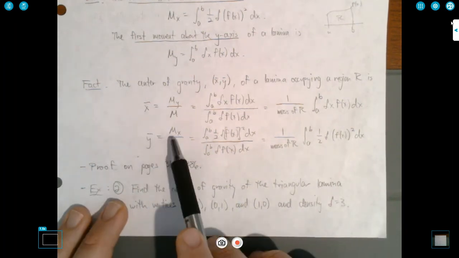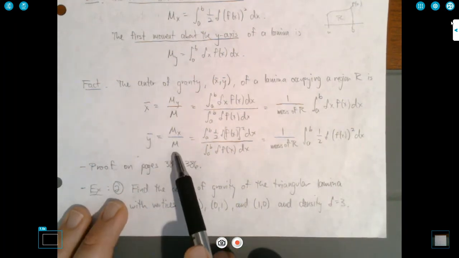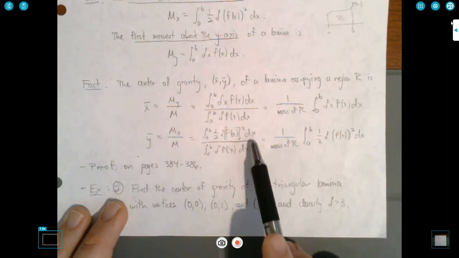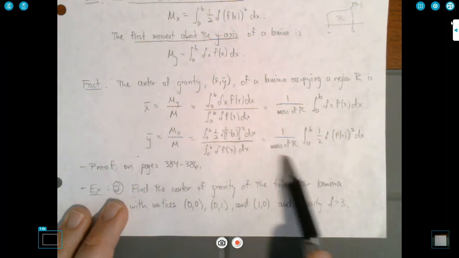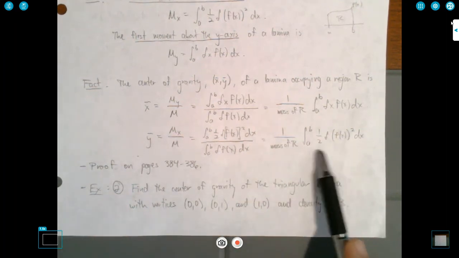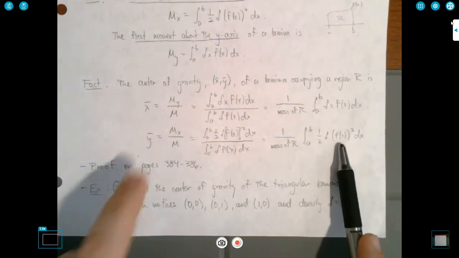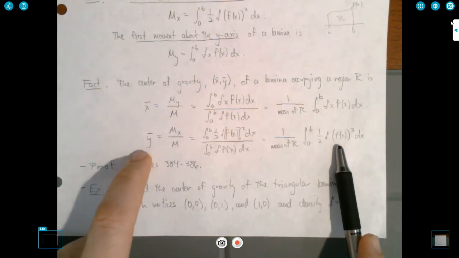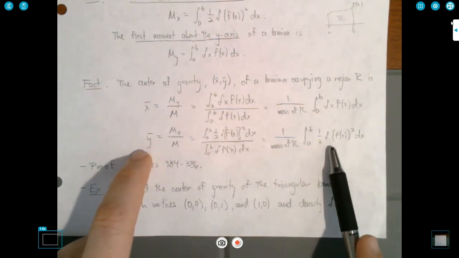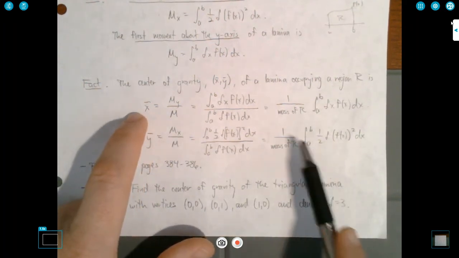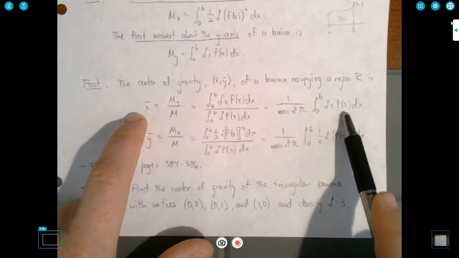Y bar is the first moment about the x-axis divided by the mass, right? So you could think of it as 1 over the mass of R times m sub x. So it's kind of interesting. They swap places, right? So for y bar, it's 1 over the mass times m sub x. For x bar, it's 1 over the mass times m sub y.